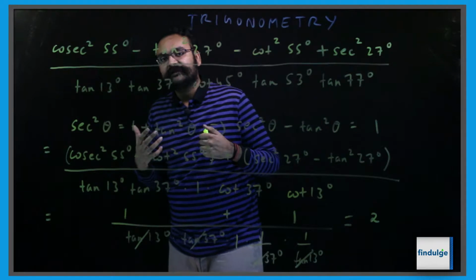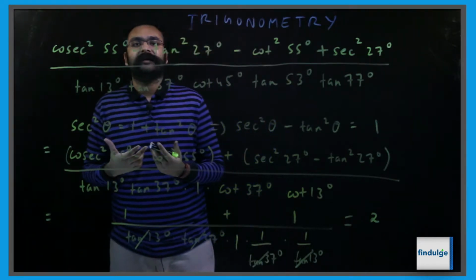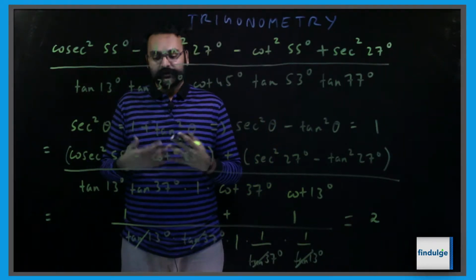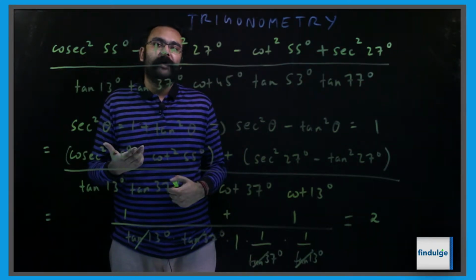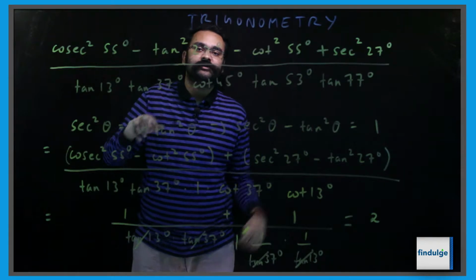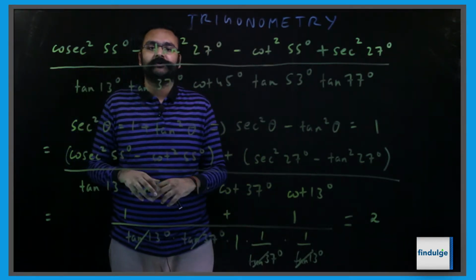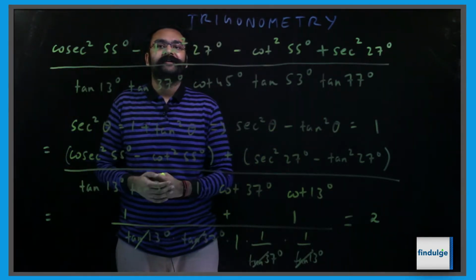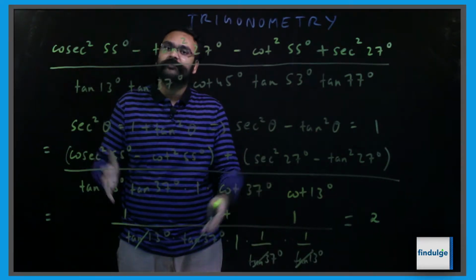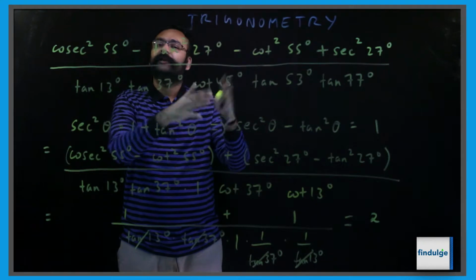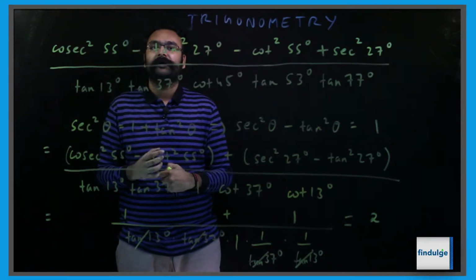So like this, you have to understand the questions when you look at them. As I said, the more questions you do, the quicker it will jump out to you that, okay, I have sec square, tan square, I have cosec square, cot square. These are complementary tan angles which will turn into cot angles, which will turn into inverse, which will get cancelled. I have a value, of course values you just need to remember.